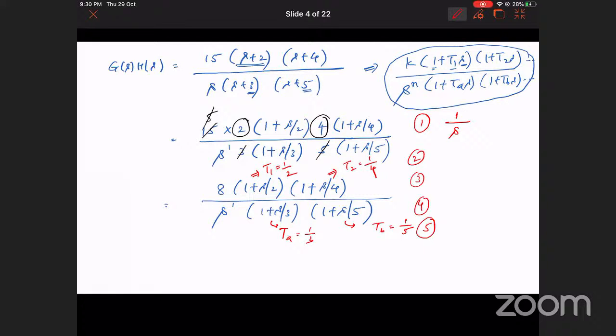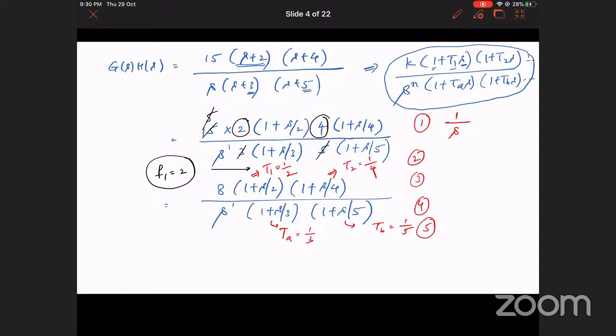So how to consider them? You have to consider them in the ascending order of corner frequencies. I repeat, in the ascending order of corner frequencies. For example, the first corner frequency that I have is 2.